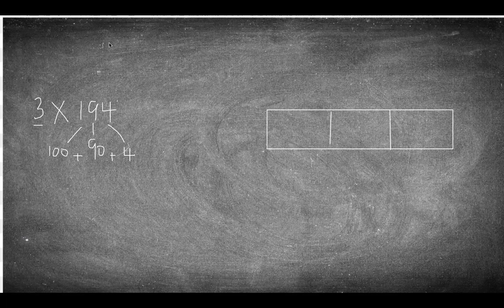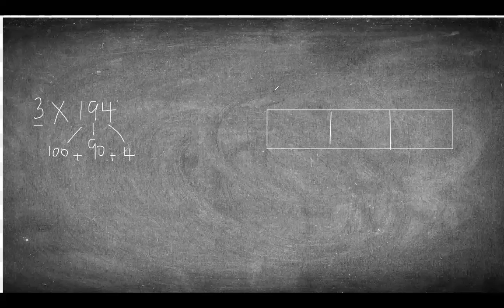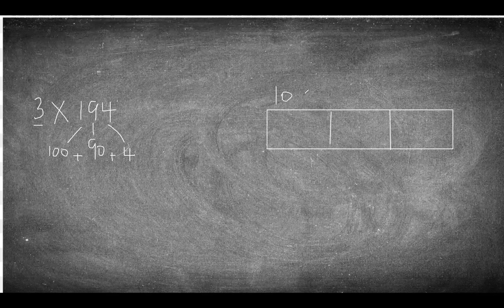Then I'm going to put my first digit, the 100, right here, and then the 90 up here, and then the 4 next to it. I'm multiplying all of them by this 3. I'm going to put this 3 to the left of the unit bar.